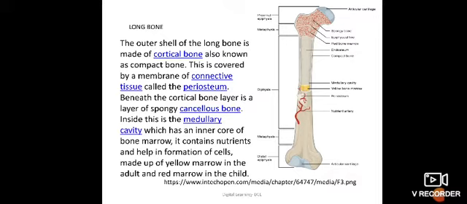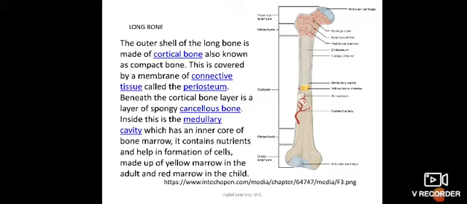In this picture, you can see the parts of a long bone and how different parts are explained. The outer shell of the long bone is made of cortical bone, also known as compact bone. This is covered by a membrane of connective tissue called periosteum.